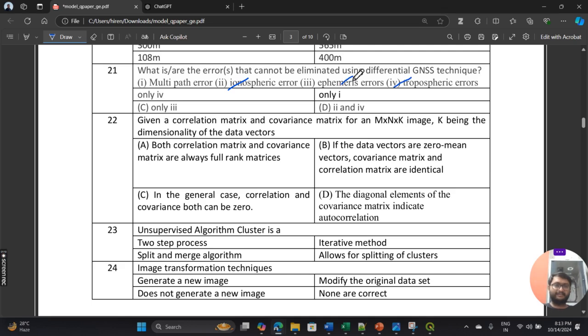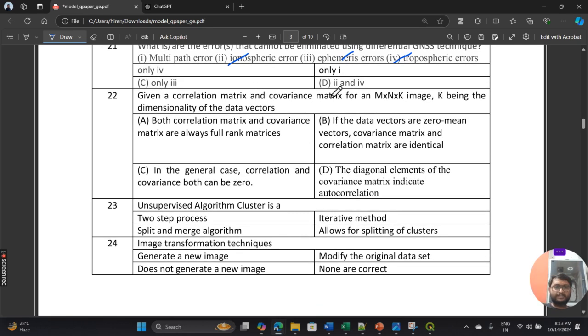Even ephemeris error, which is error in the satellite orbits, because it is the same for every receiver point. But multipath error depends on the nearby features. If you have kept the receiver in an area where buildings are there, or where nothing is there, the error will be different. We cannot eliminate those errors. So I think multipath error we cannot solve using the differential GNSS technique.